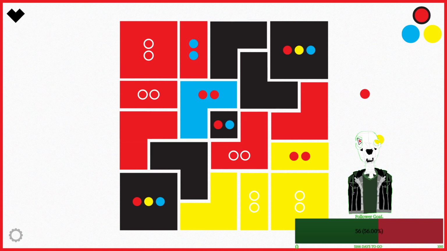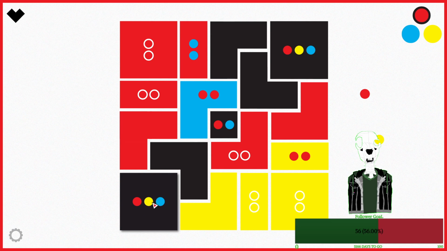I think a bit of the problem with this puzzle is in my head. It says it only touches 2 things, but it actually touches at least 2 things. So this one's missing a yellow, and this one's missing a blue. This one's missing a yellow and blue. This one's just missing a blue.